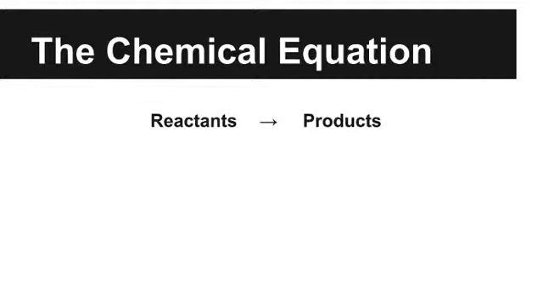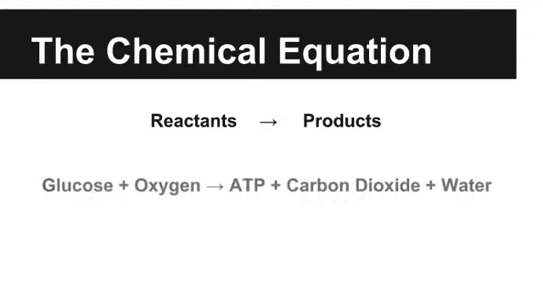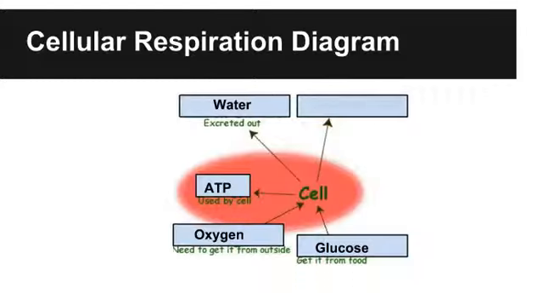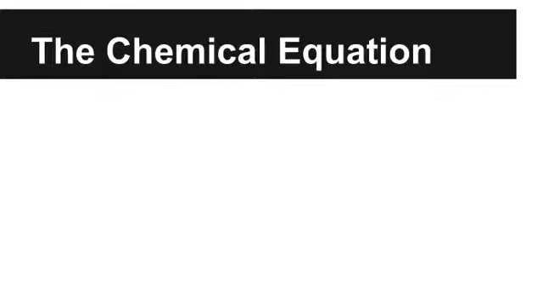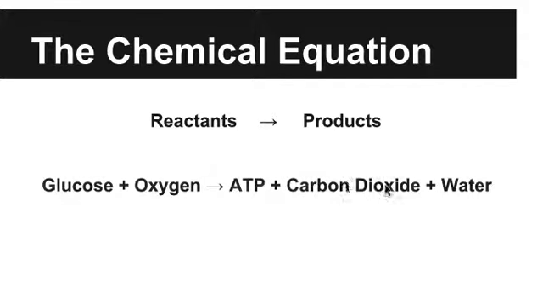This is another way of putting that, this time in a chemical equation. Just like with photosynthesis, we have reactants and products. What you're going to realize is that photosynthesis is the reverse of respiration. For photosynthesis, we put in water, carbon dioxide, and energy, and we made oxygen and glucose.